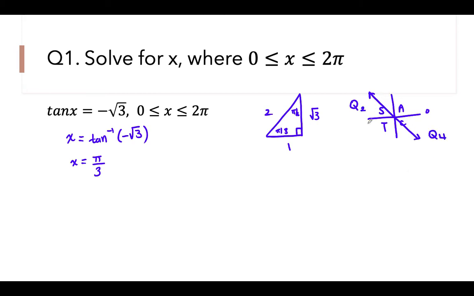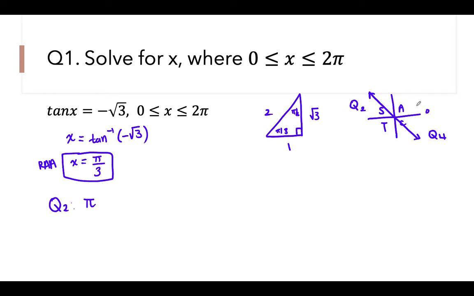Now, to find this, we already have a related acute angle. The related acute is x over here, which is 60 degrees. That's my related acute. So to find the angle in quadrant 2, all we need to do is pi, right?